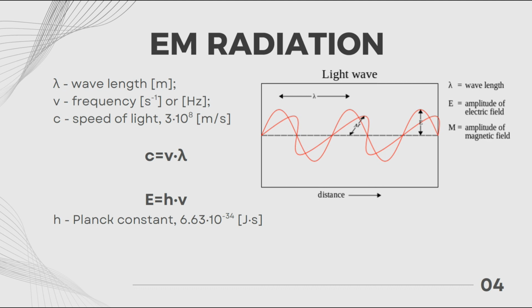The fact is that all photons move with the same speed, the speed of light. It is a constant value that you should know. I think 3 multiplied by 10 to the power 8 meters per second. Okay, it is 2.999, so let me just take 3. So all photons move with the same speed of light.